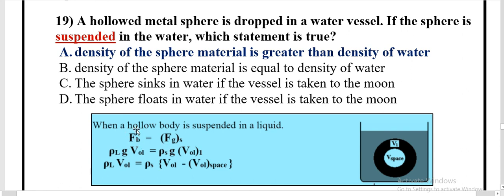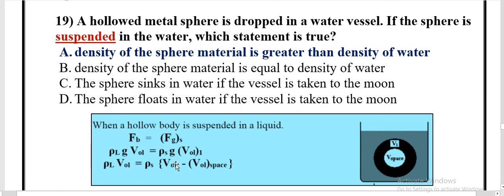The buoyant force equals the density of the liquid times gravitational field strength times the total volume, that is, the metal sphere and the space displaced from the water. But the real weight here will have only the volume of the sphere, which equals the total volume minus the volume of the space.